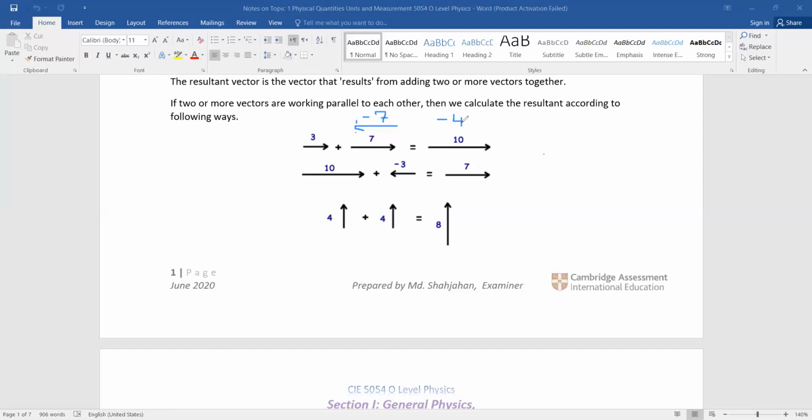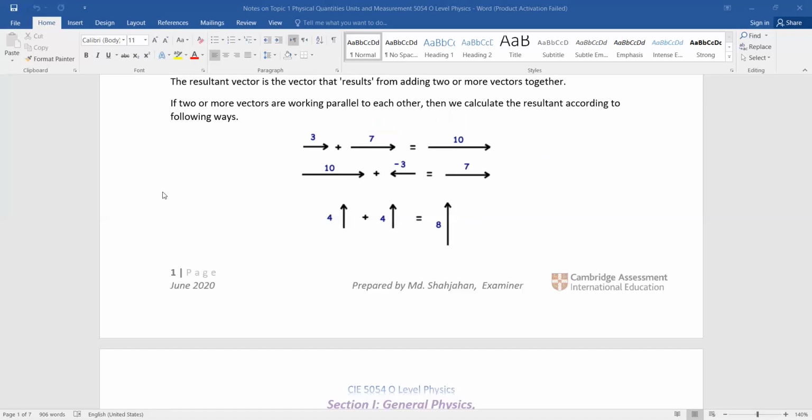Graphical method means drawing, right? That means you have to draw the parallelogram using the vectors.